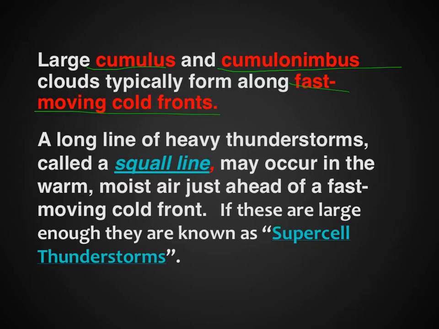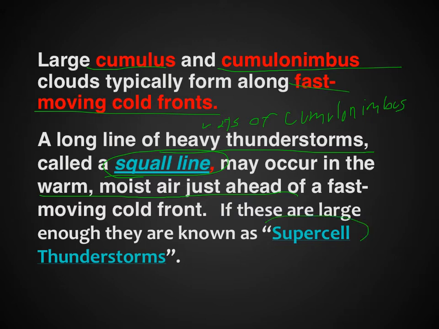All right, and if we get a long line of heavy thunderstorms, lots and lots of cumulonimbus clouds, we get what is called a squall line. Alright, and what happens is they occur when warm, moist air just ahead of the cool front shoots up.